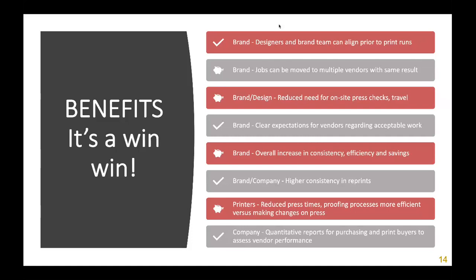We might loosen up the tolerances there, or the substrate of some of the corrugate pieces. We definitely need to loosen up the tolerances there because the paper quality isn't as good or isn't as bright. And so it is what it is. So you have to make those sacrifices where it needs to. There's only so much your vendor can do with a substrate that they're working on sometimes.